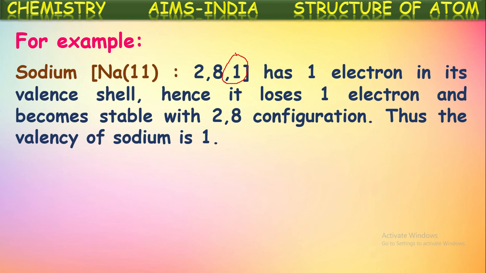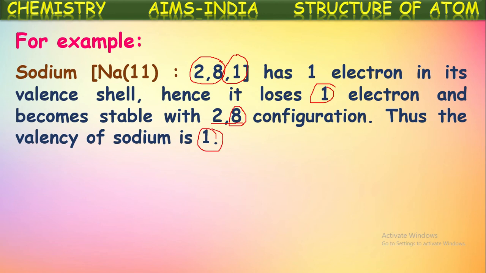If it is lost, then what happens? Its configuration is 2, 8. This 2, 8 is one of the stable configurations because now the last shell is filled with 8 electrons. It gets the octet configuration. So in this way, the valency of sodium is the number of electrons lost by it. How many electrons is it losing here? 1 electron. So the valency of sodium is 1.